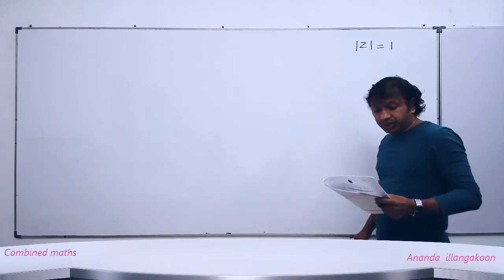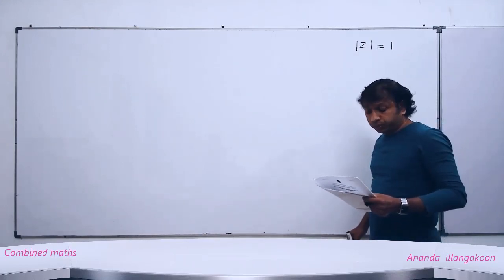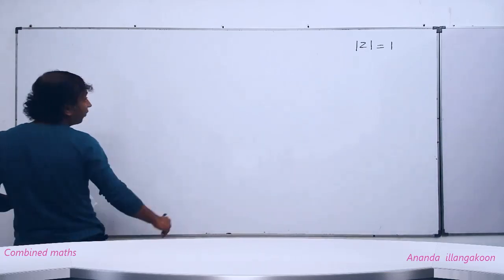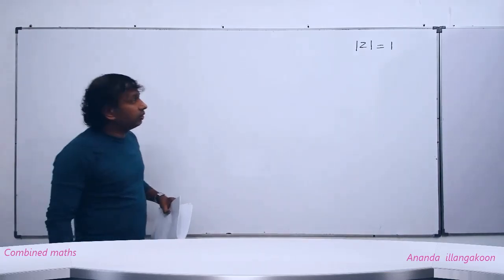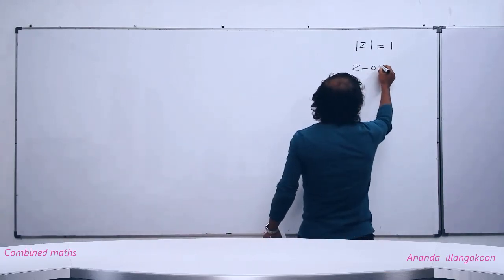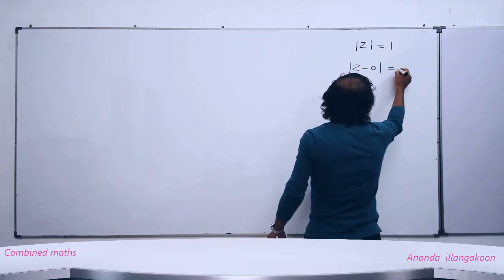It's asking to sketch the curve, the locus C of the points. People, what is this? Mod z equals 1. I can write mod of z minus 0 equals 1. What is this really?